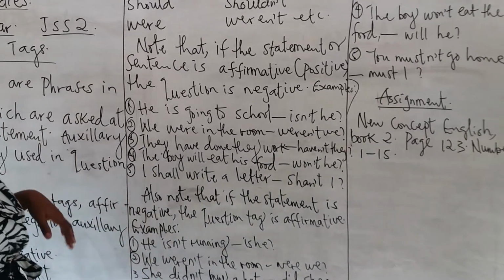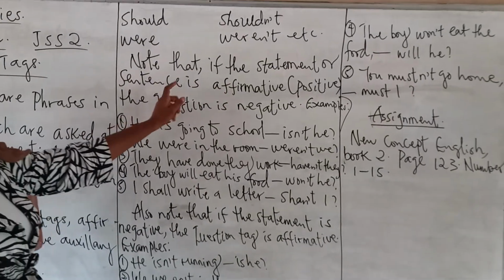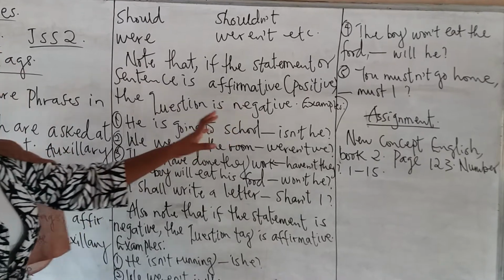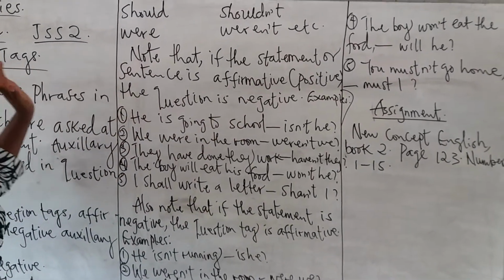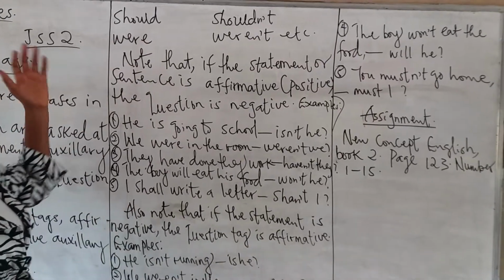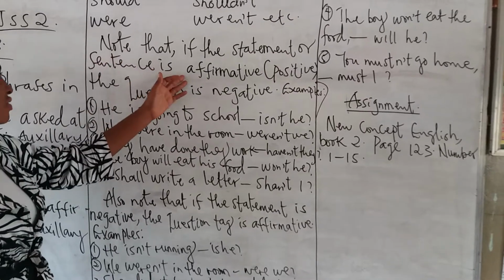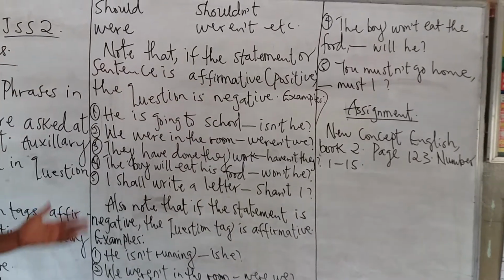Now we'll move further to explain. Note that if the statement or sentence is affirmative, the question tag is negative. Still talking about question tags. Here we have examples 1 to 5.